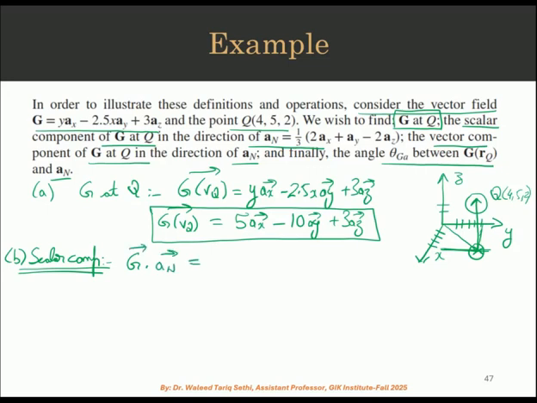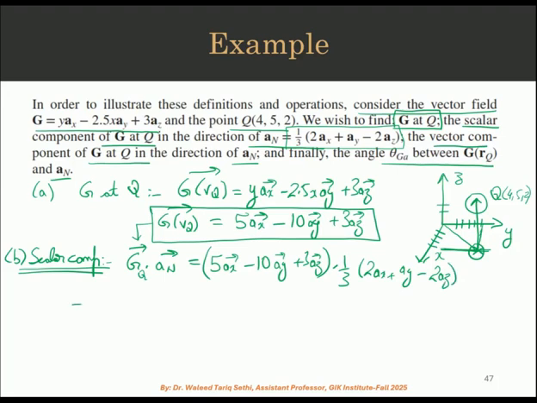So we take G at Q, which is 5AX minus 10AY plus 3AZ, and you take the dot product with the value of A of n, which is 1 by 3 (2AX plus AY minus 2AZ).